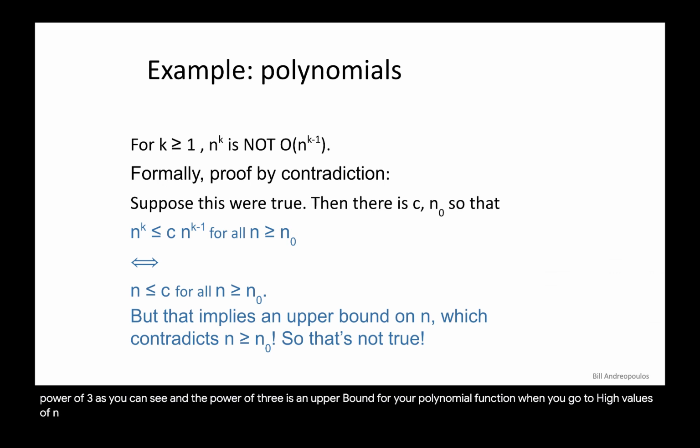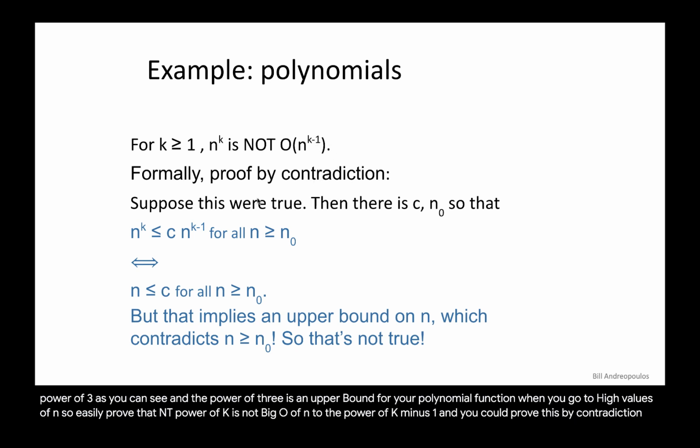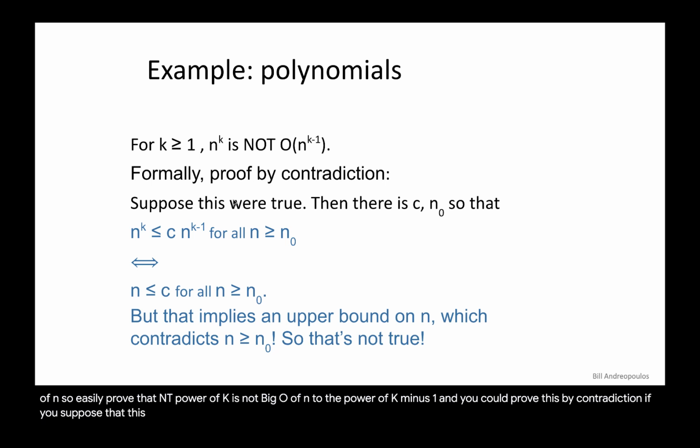And you can also easily prove that n to the power of k is not big O of n to the power of k minus 1, and you could prove this by contradiction. If you suppose that this were true, then there would be c and n0, so that n to the power of k would be less than or equal to c times n to the power of k minus 1.